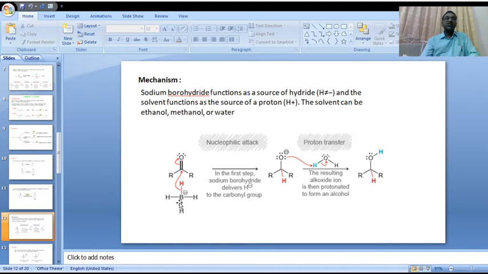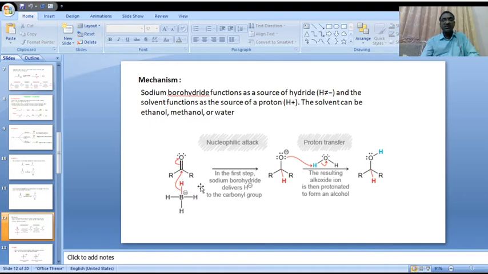From this borotetrahydride, loss of H minus, this BH bonded electron shifted to hydrogen. That hydrogen gets negative. That H minus ion attacks on carbonyl carbon.